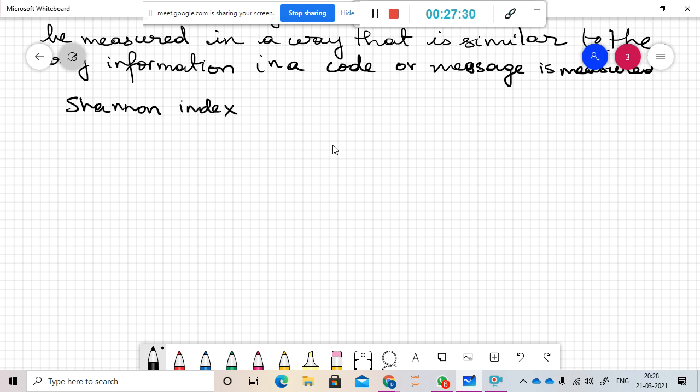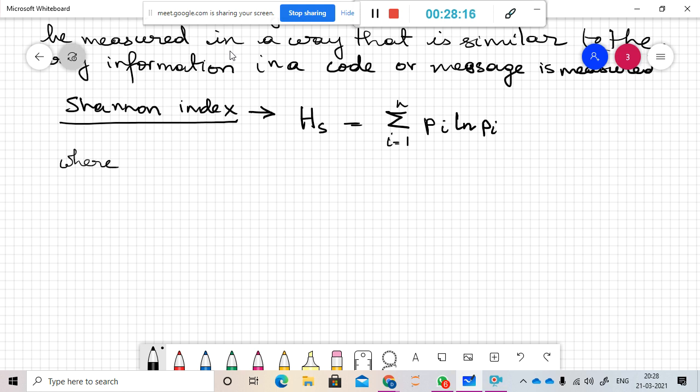The index value is H of S, equal to sigma of Pi natural log of Pi, with i equal to 1 to n, where you set the limit.